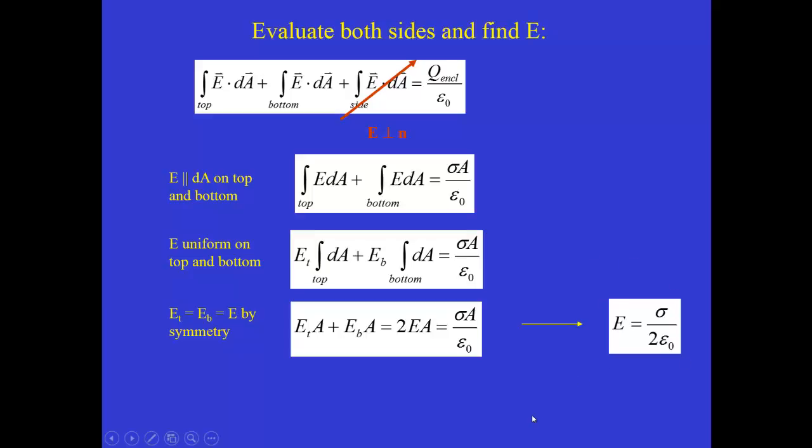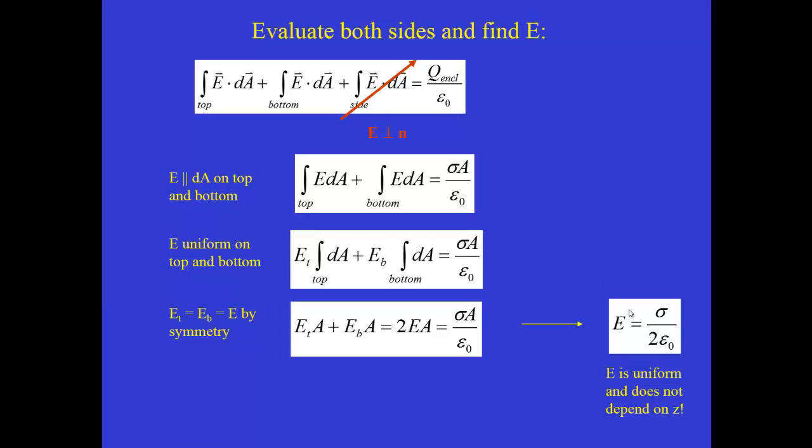And notice, one really striking feature to this is that the magnitude of E doesn't even depend on the height z above the surface. So what we've learned from the use of Gauss's law, at least in the limit of a very, very large surface, an infinite surface, is that the electric field points away from the surface, above or below, and it has a magnitude sigma over 2 epsilon 0, no matter how close or how far from the surface we are.